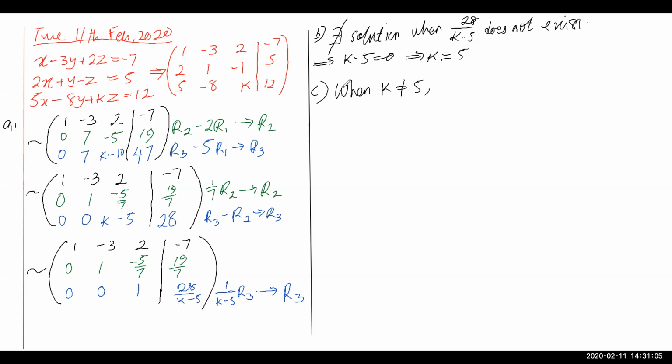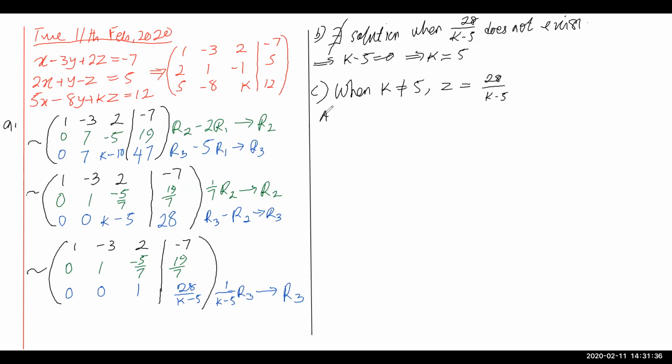So this statement is very important. When k is not equal to 5, my z will be 28 divided by k minus 5. That's z.